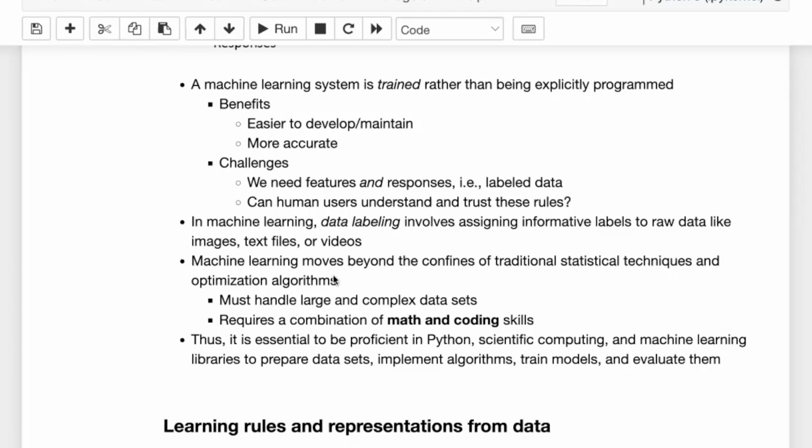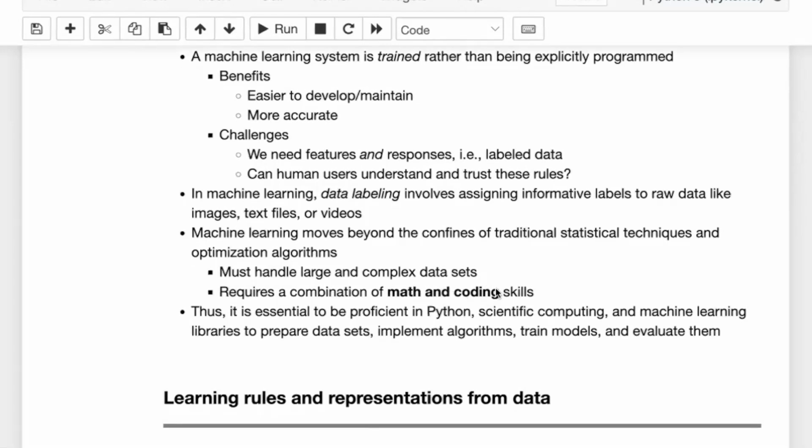But in these cases, we need to make sure that we can import the data, read the data, manipulate the data, and then feed that to some machine learning pipeline to extract some knowledge and information. And obviously, this course mainly focuses on coding skills, but we do have other courses that are more focused on math skills. And at the end, you want to have a balance of these two very essential skills.